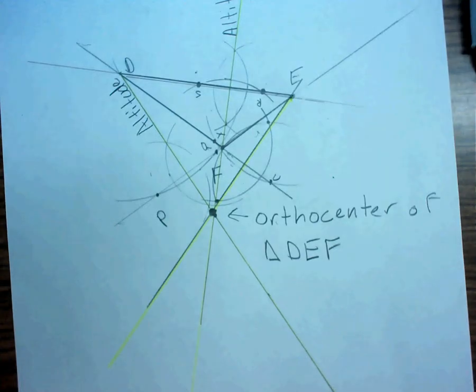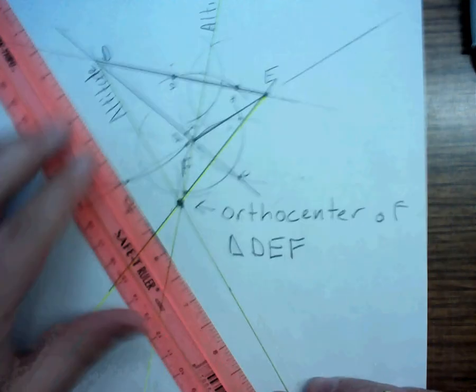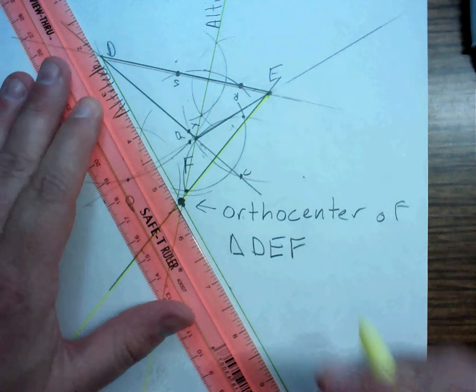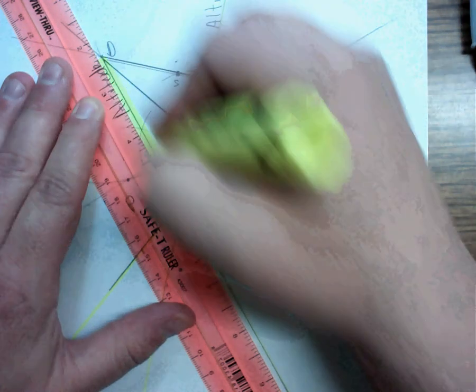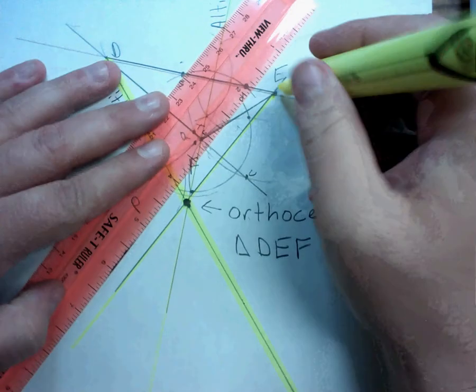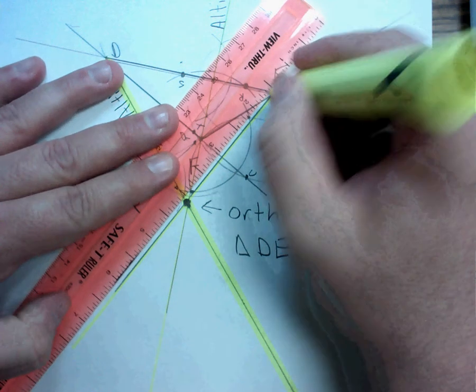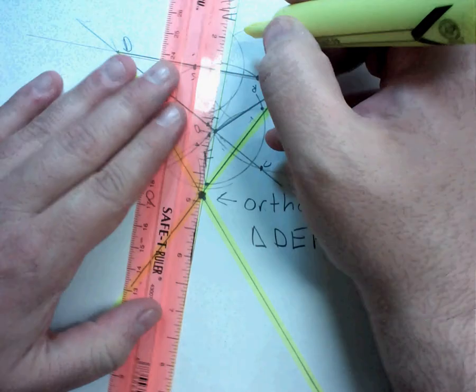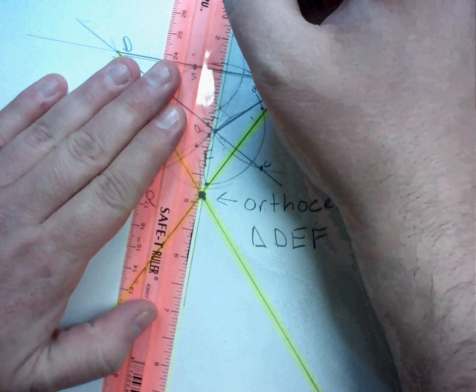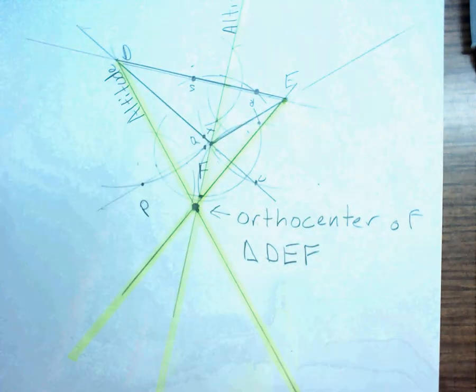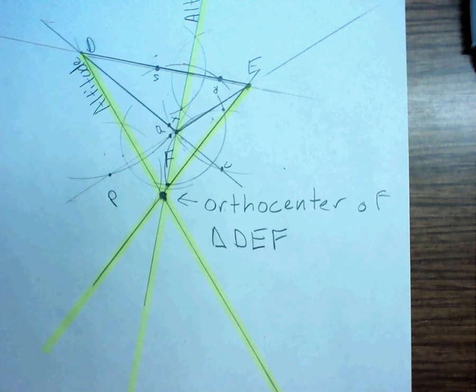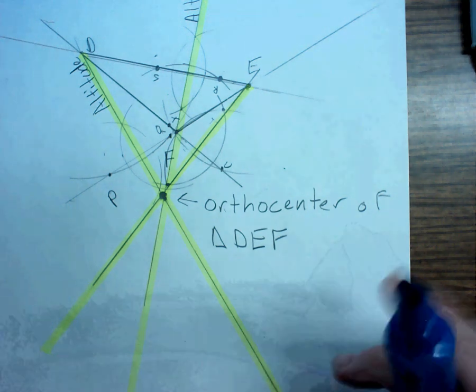Those yellow lines, let me make it thicker so it's more obvious. Those are the altitudes of the triangle. What's the actual triangle? Well, your triangle looks like this.